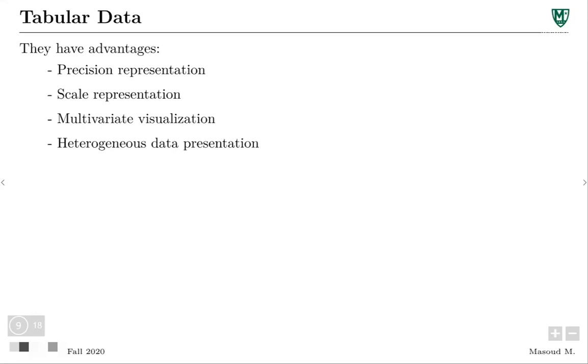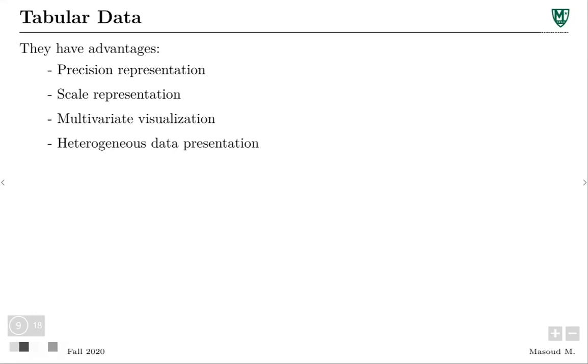From the top, the first thing is precision representation. Right? When you plot things, there is a limit to how precise you can give the number. Usually, you can add more ticks to your Y label, X label, say the interval is 0.1, 0.01, and then you plot the data, but you can't give the exact value for each data point.